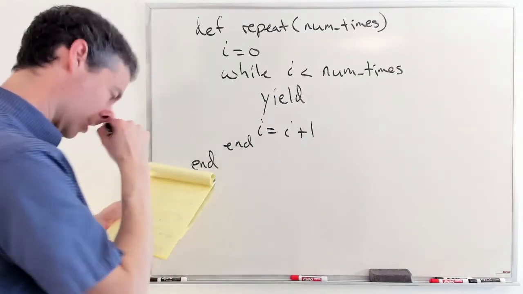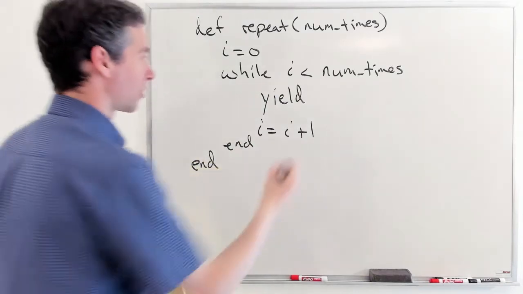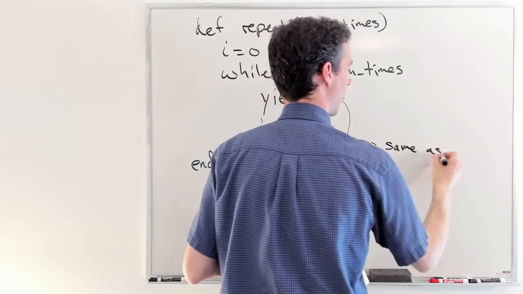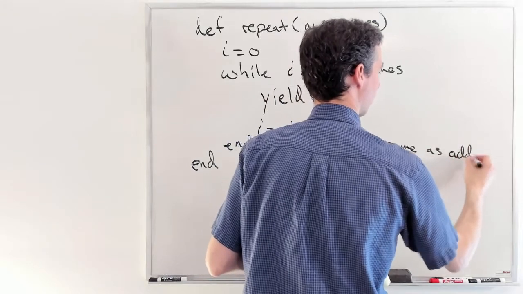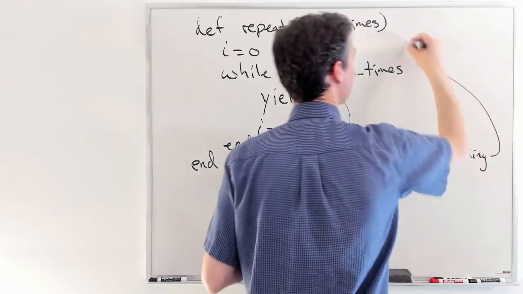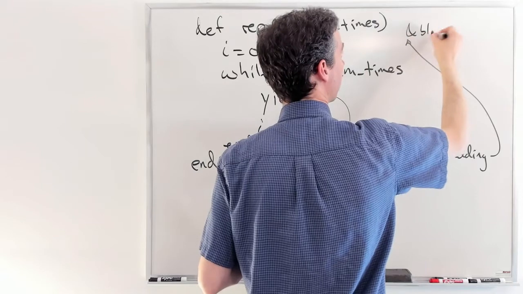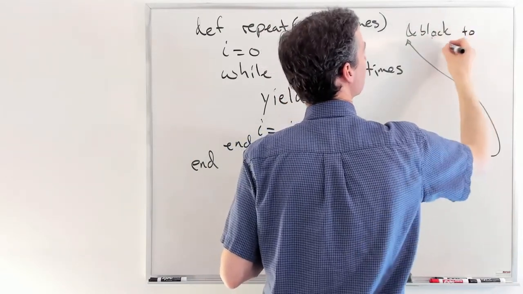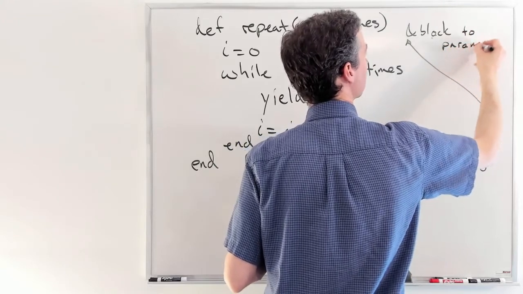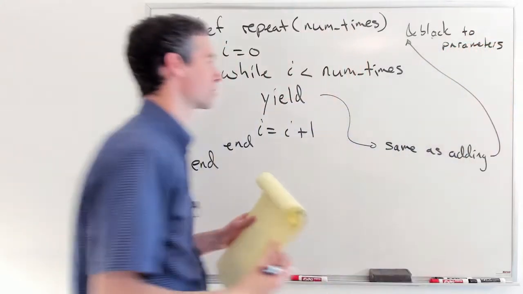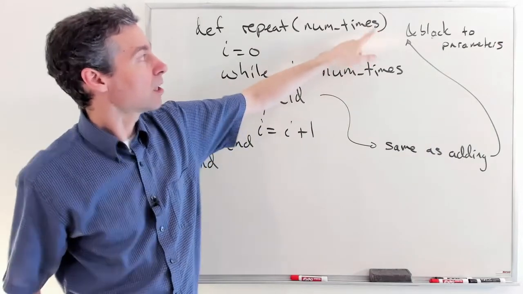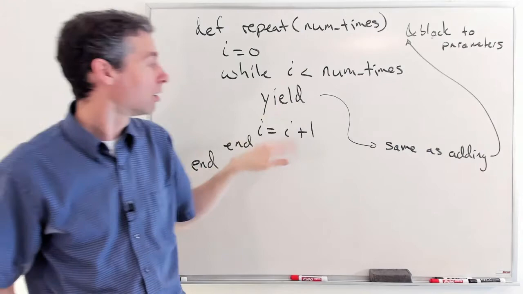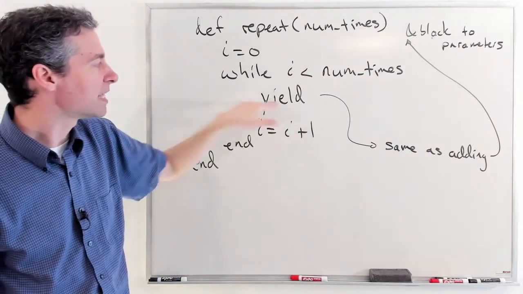All right. So when we have yield, this is the same as adding ampersand block to parameters. All right. So instead of writing comma and block and then a block.call, all we do is we write yield.